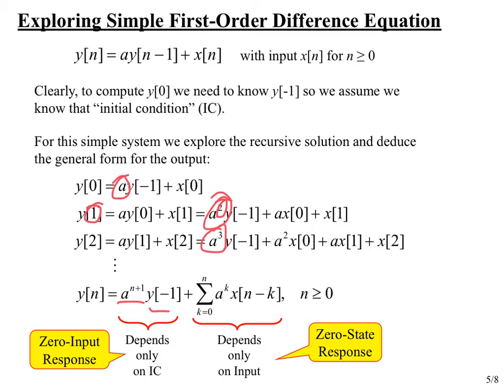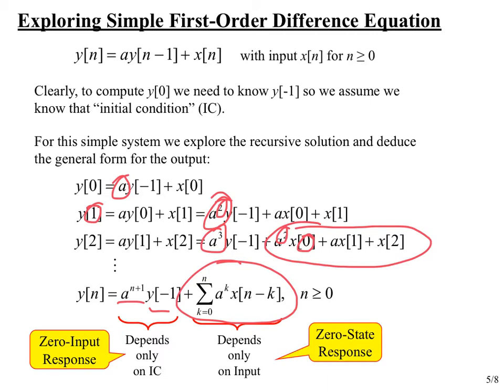And then the other stuff we see ends up being a summation over x of 0, x of 1, x of 2, and so on. And we can see that the power of a and the index of x always adds to 2. And so if we think about that, this will be the expression that we'll have: a to the k times x of n minus k.